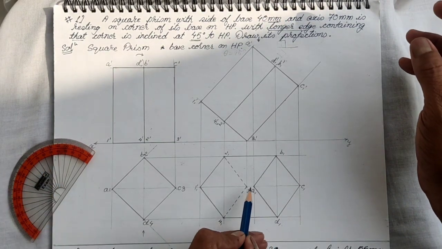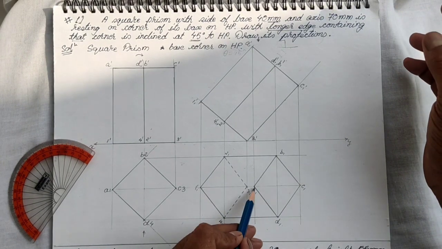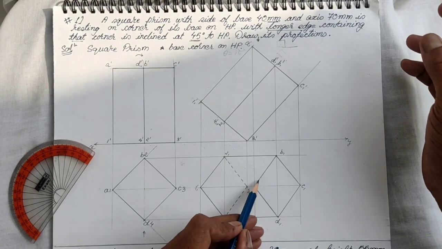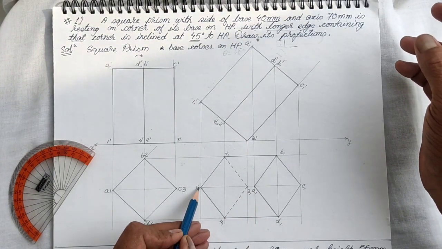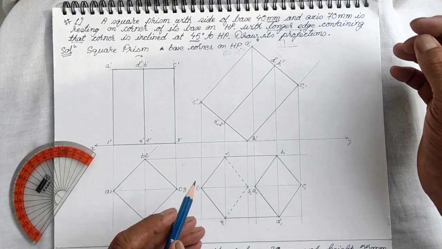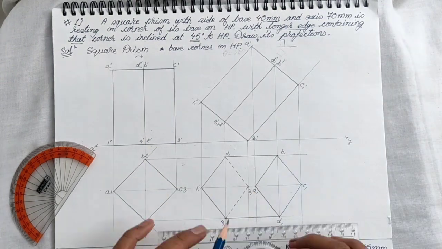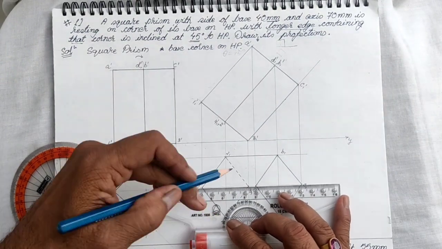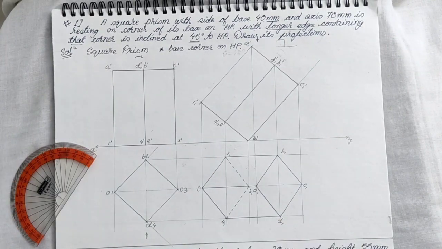So this is A and this is 1. Now we will apply the fundamental: on A both solid lines are coming. That means A is visible, and on 1 also solid lines are coming. That means 1 is also visible. So if 1 is visible and A is visible, that means definitely A1 is visible. So A1 will be a solid line, right?